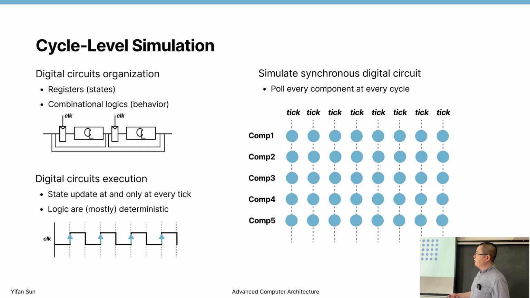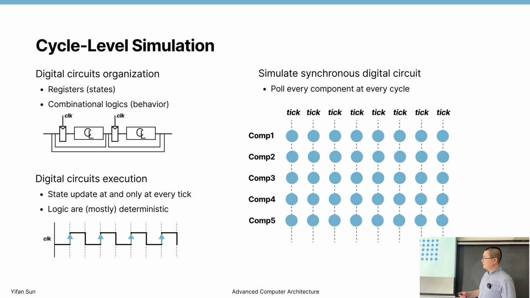If you have different components, let's say each component is a combinational logic with its associated register, okay? Then we can simply do tick, tick, tick, where a tick is an edge of a clock cycle. Then at every tick, we ask this combinational logic to update its state so that this register also updates its state, right? Next tick, every component updates its state, updates states, updates states. Then eventually we can simulate any type of digital circuit. So that's a very high-level description of computer architecture simulation.